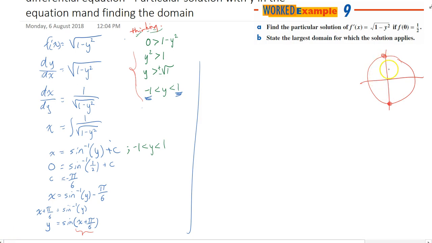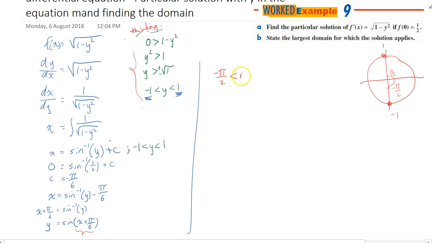And between those angles, you'd have to have sine of some angle between 1 and -1, but the angles are going to be pi on 2 and negative pi on 2. So basically what we're saying is this angle here needs to be between negative pi on 2 and pi on 2.